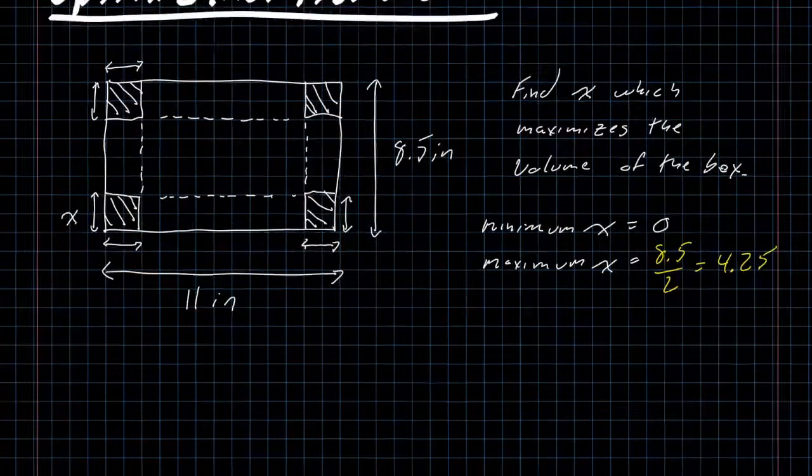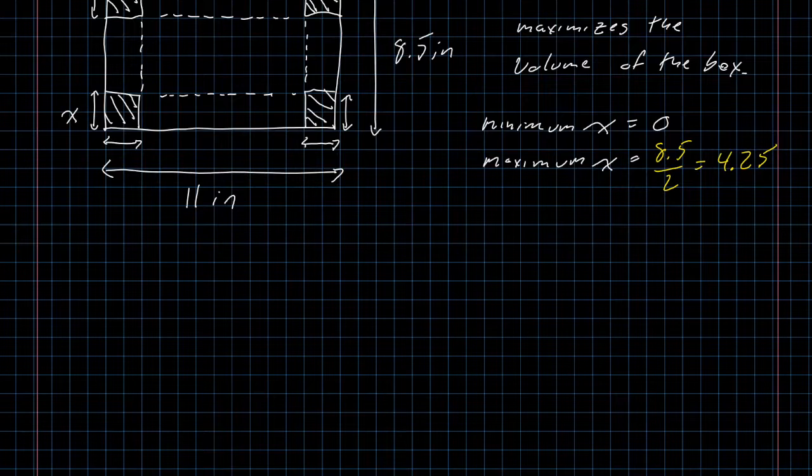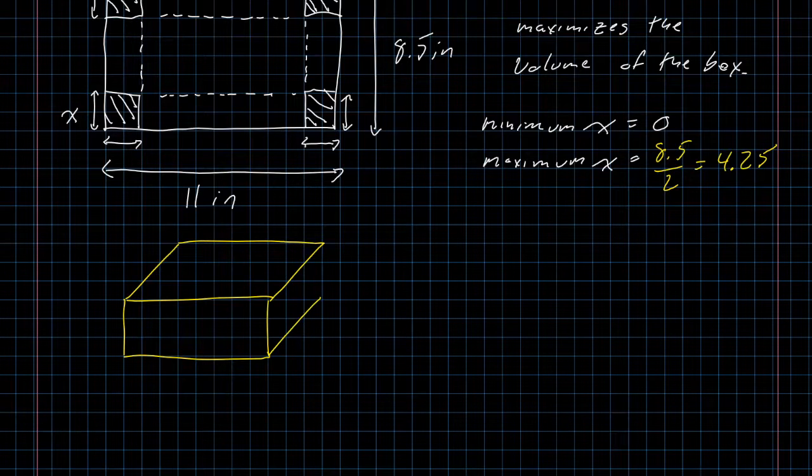Now, the next thing we need to do is try to think about this box. After we cut these edges out and we fold this shape, we are going to end up with something that has been folded into a nice box.